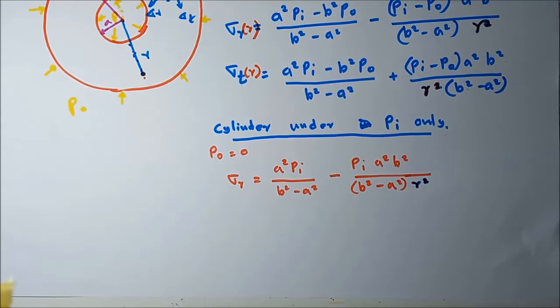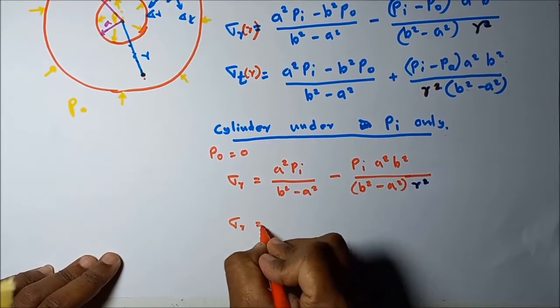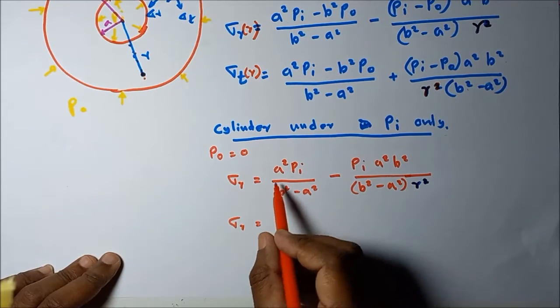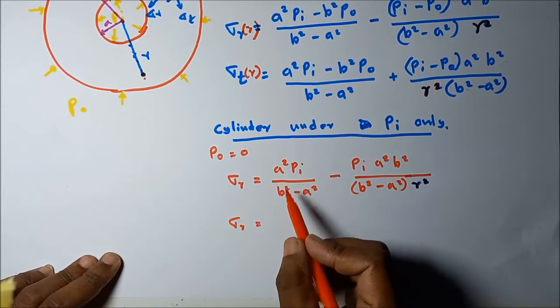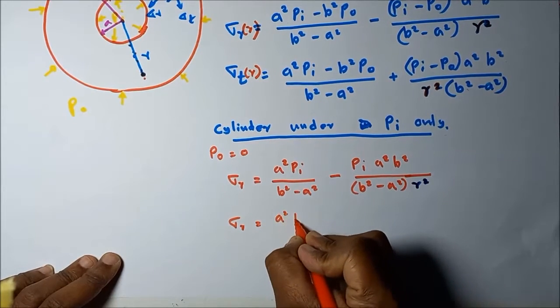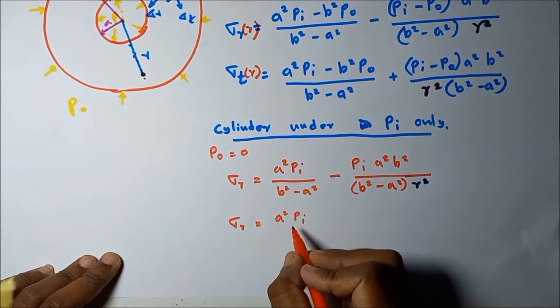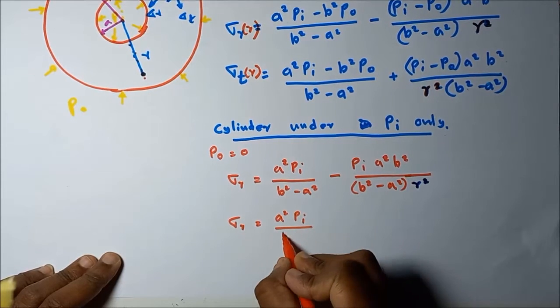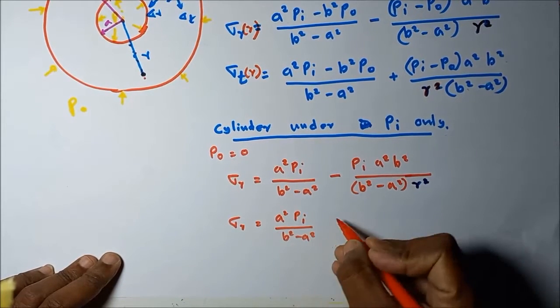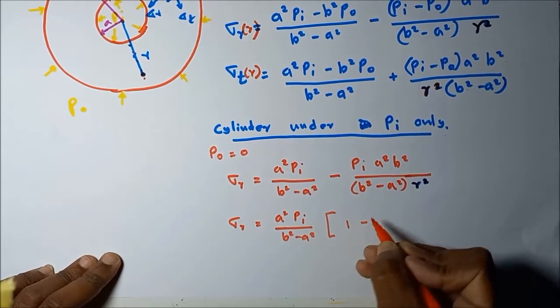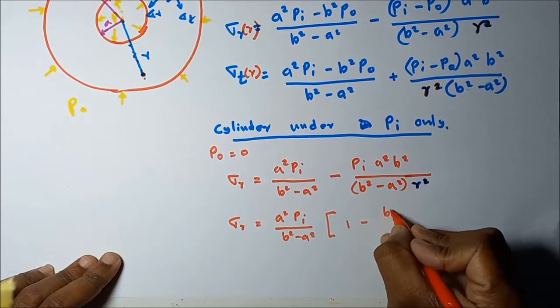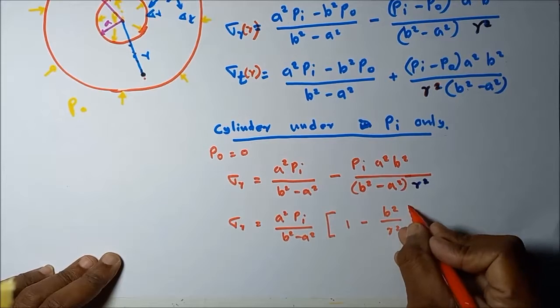So this equation we can rearrange. Sigma r is equal to a square Pi divided by b square minus a square, into 1 minus b square divided by r square.